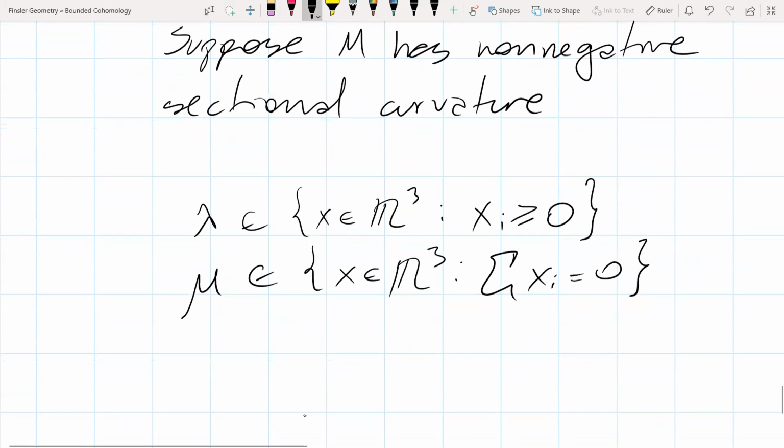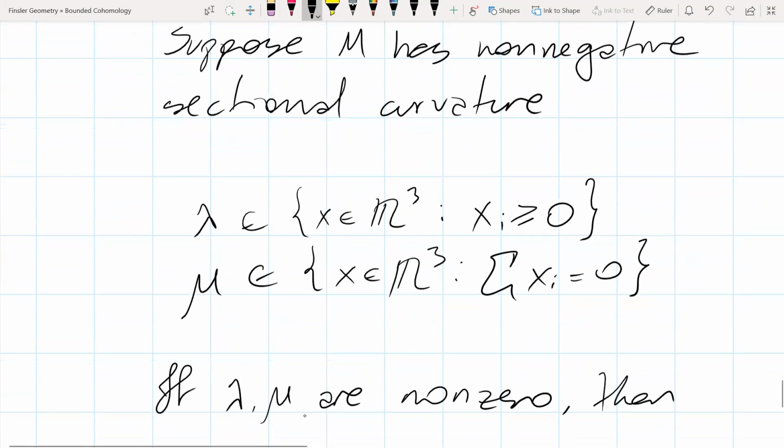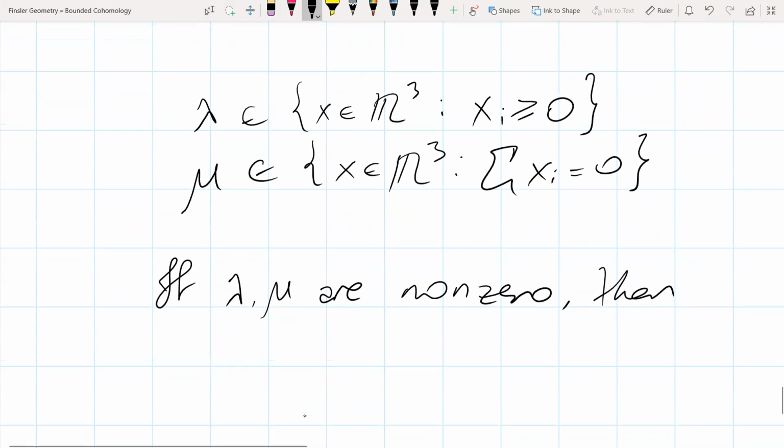Now, if both lambda and mu are non-zero, then I can talk about the angle between them.